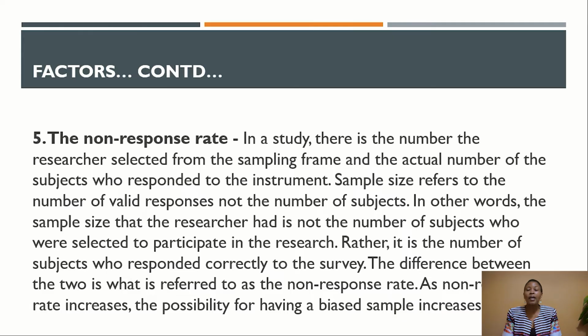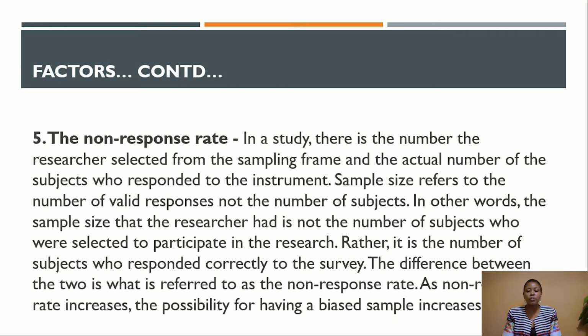So again, the word subject that we are using is one of the terminologies that we defined in lesson 28. The difference between the number that was selected and the number that actually responds to the survey is what is referred to as the non-response rate.